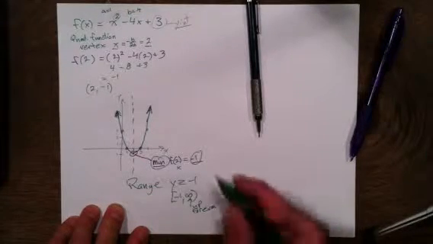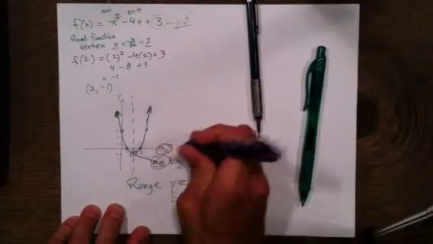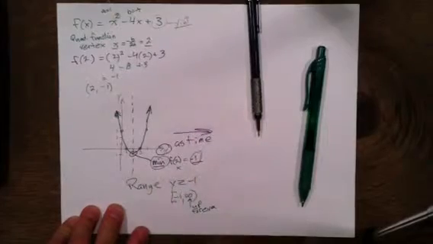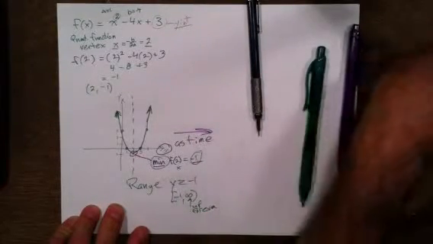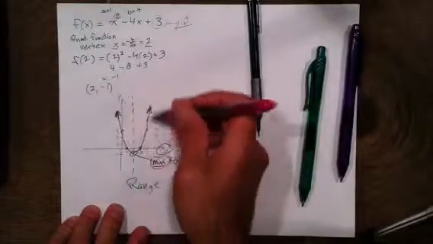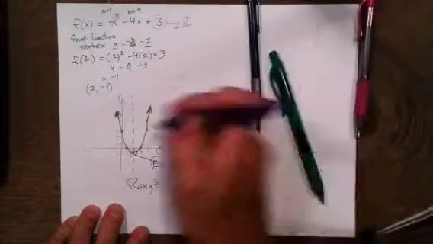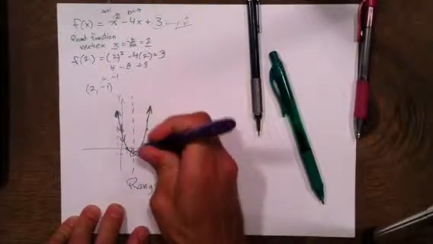Other things I'll note here. If we think for a moment about x as time, time always moves in a positive direction. We can't go back in time. Then this curve represents the path of an object moving along it, and it moves along the curve in this direction.